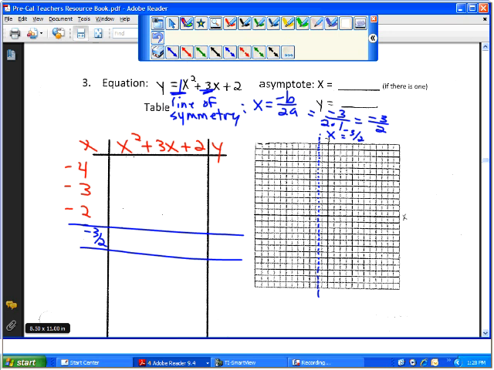So to build a pretty little table for a parabola, we're going to find the line of symmetry. And then we're going to let the line of symmetry x be our vertex x. We're going to choose 3 points to the left of the vertex x, which will be the first 3 integers less than the vertex x.